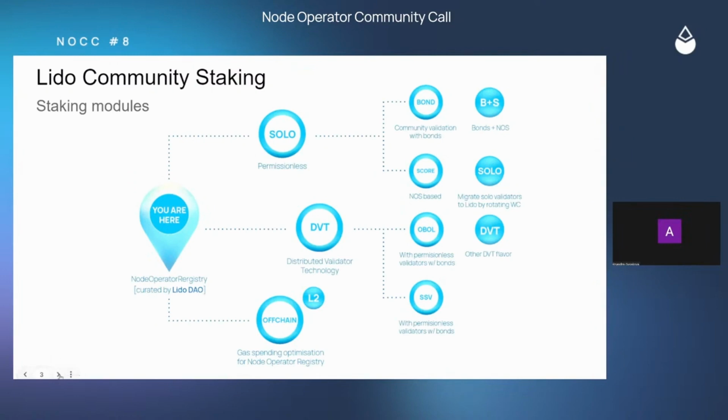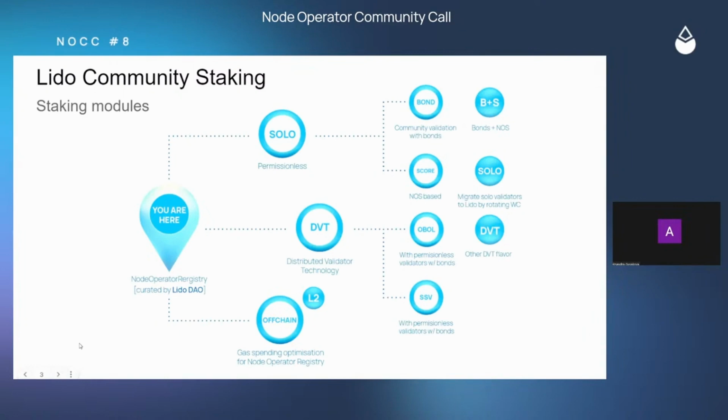So bonds and DVT are considered crucial risk mitigation mechanisms in a permissionless staking solution. They can be combined in various ways within different modules. For instance, a module might utilize bonds without DVT, or it can be a combination of bonds and DVT, or whatever.